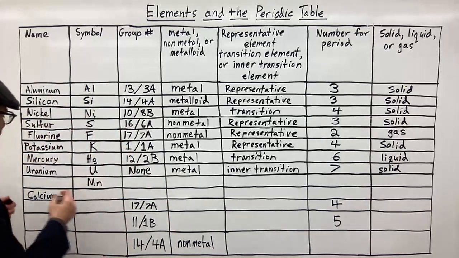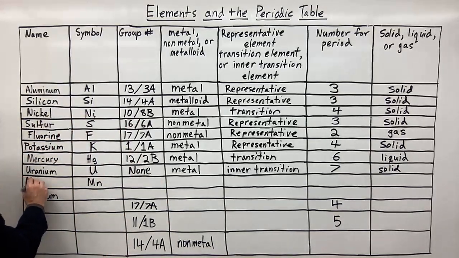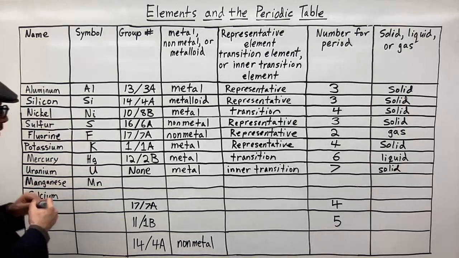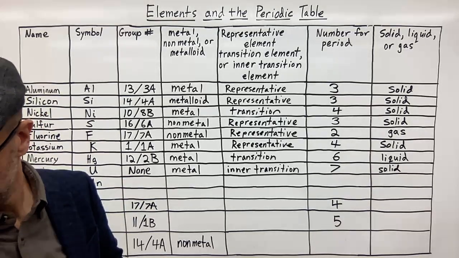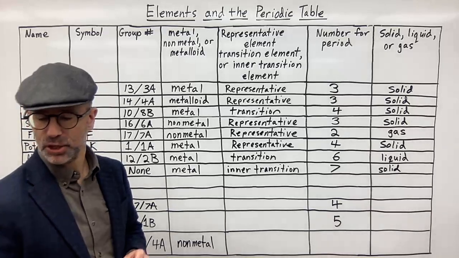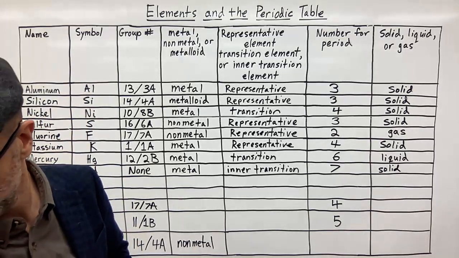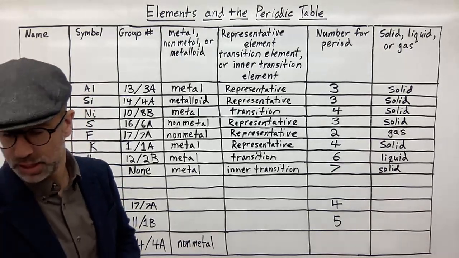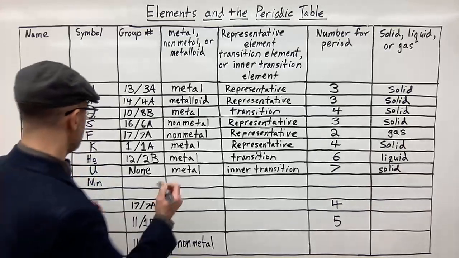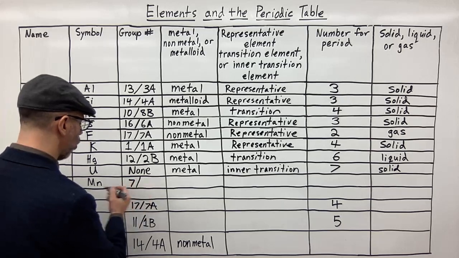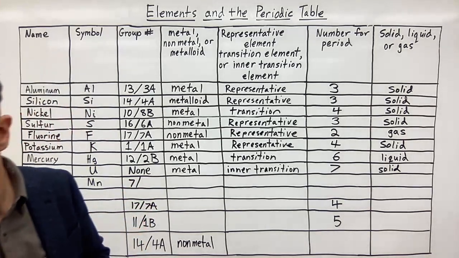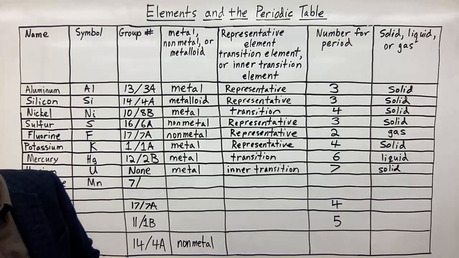Okay, continuing along. Mn, that's manganese. What group is it in? So if you find manganese, you'll find that it's in the B groups, and you count 1, 2, 3, 4, 5, 6, 7.